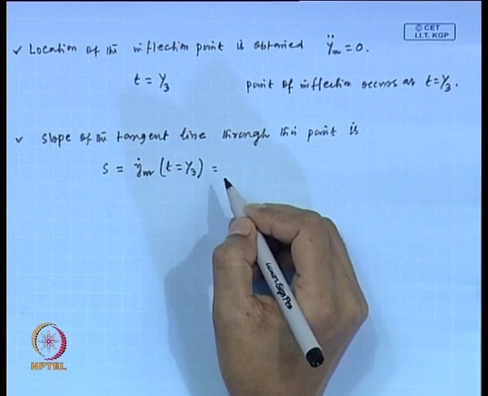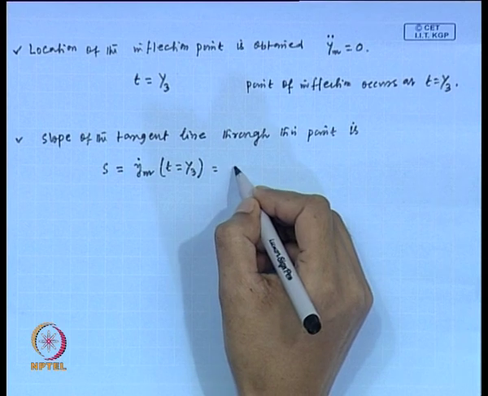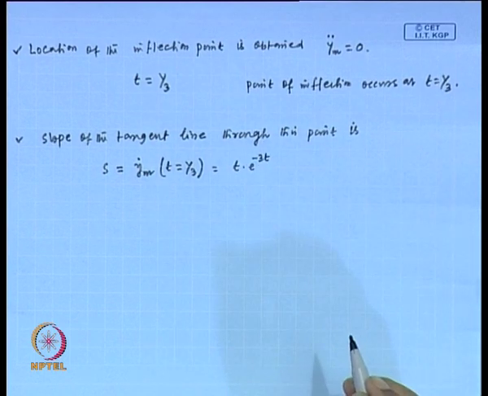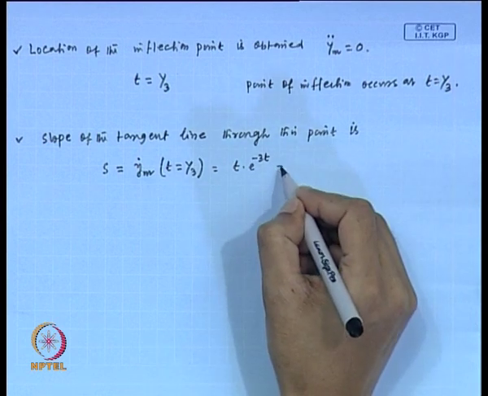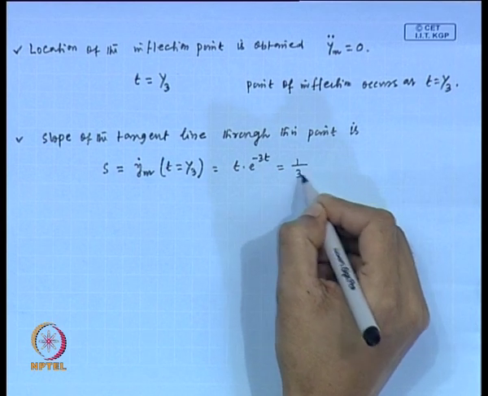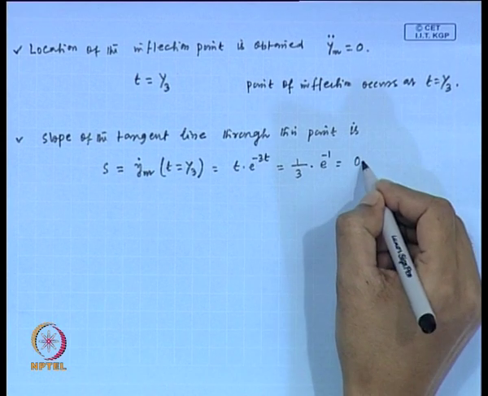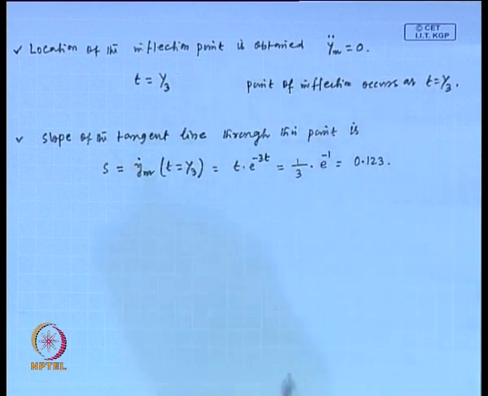Find the value. The expression is t exponential of minus 3t. If we substitute t equals 1/3, then we obtain 0.123. The slope we obtain is 0.123.